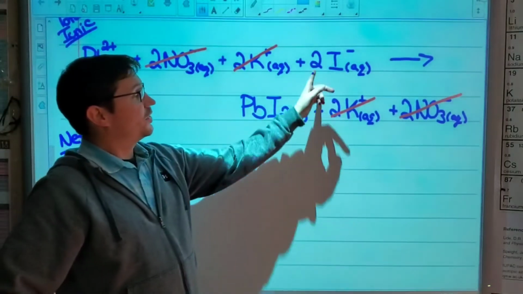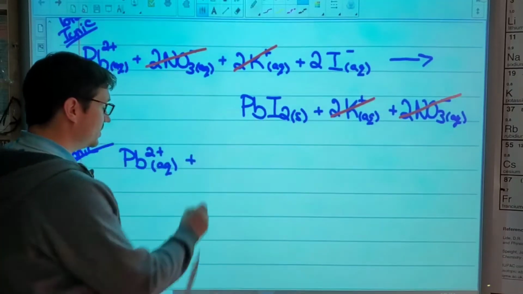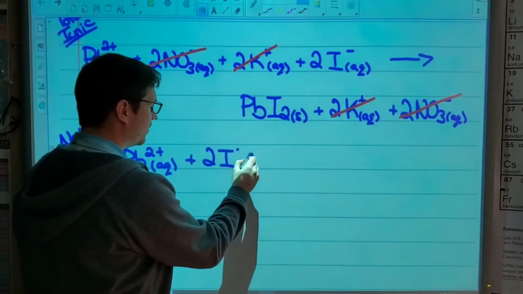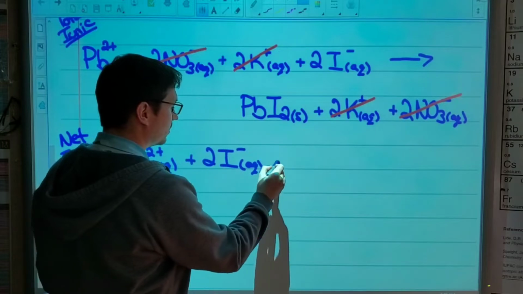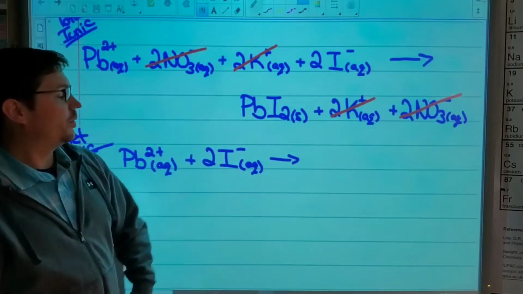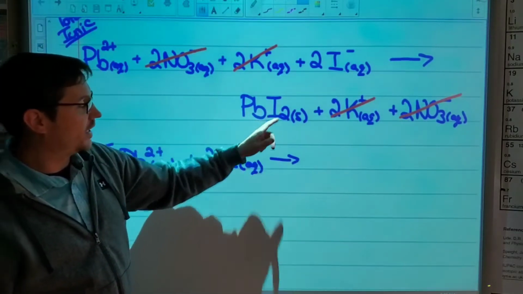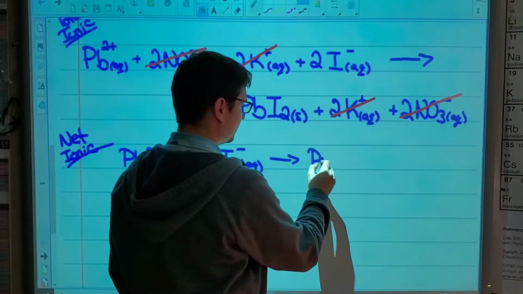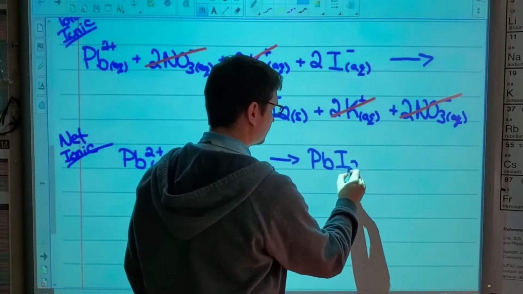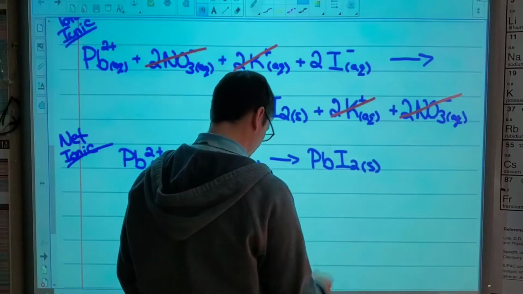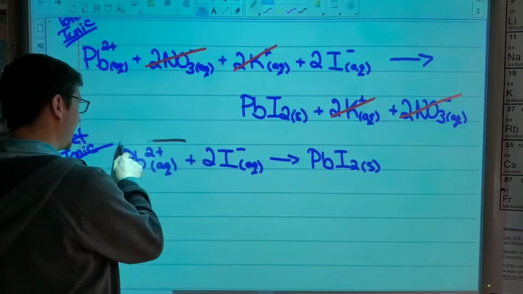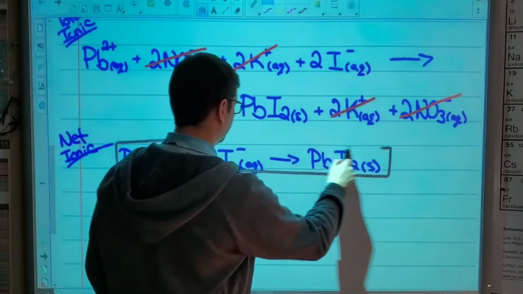It reacted with 2 iodide minuses, and it produced lead 2 iodide, so PbI2. That's our net ionic equation.